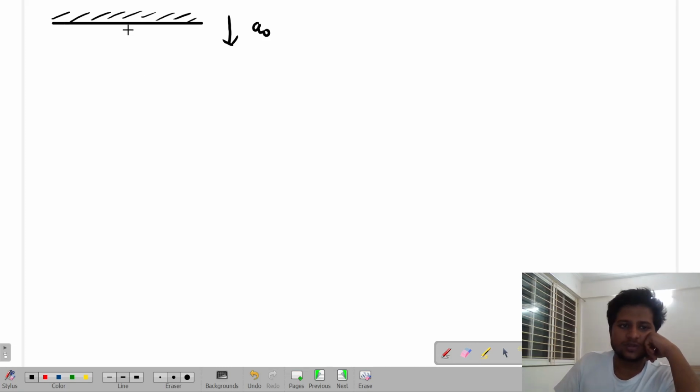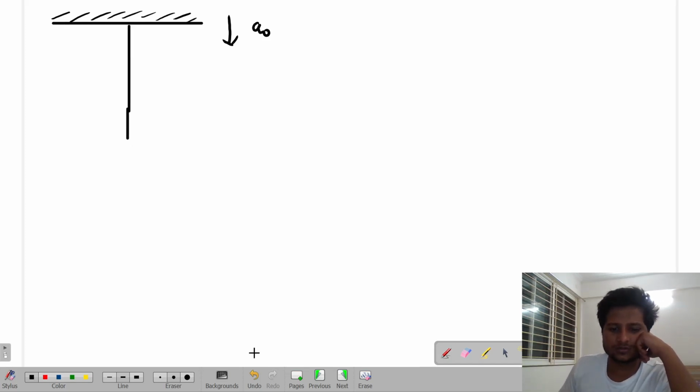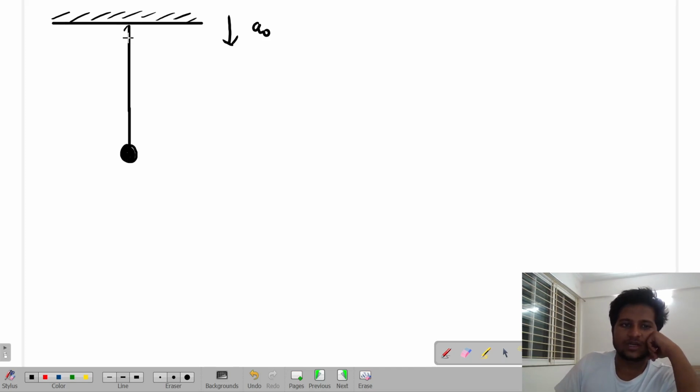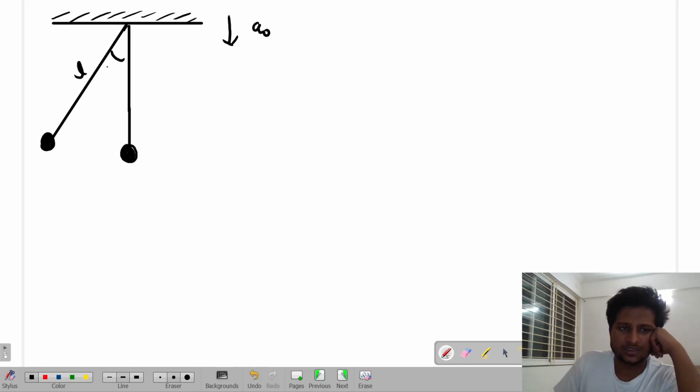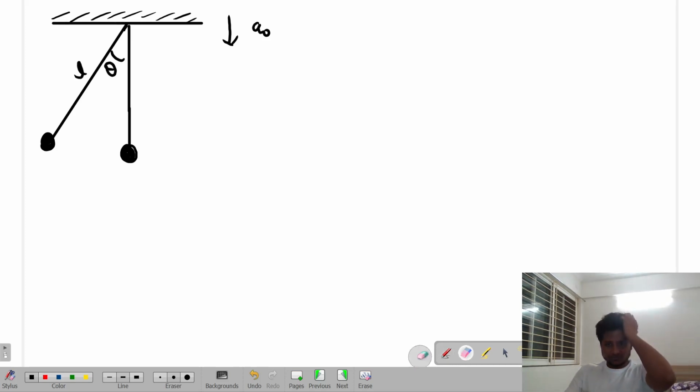So let's suppose the pendulum from its normal condition, which is over here, goes to some angle theta. Length will never change, isn't it? Is length going to change due to that? No, but something definitely changes. I'll tell you what.